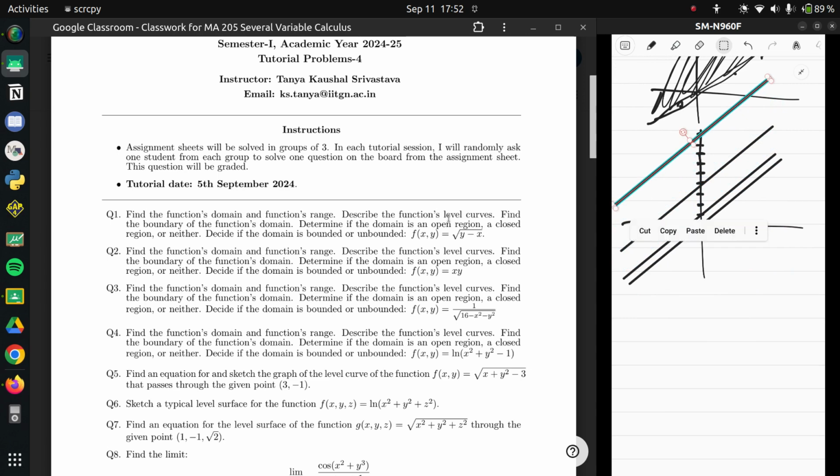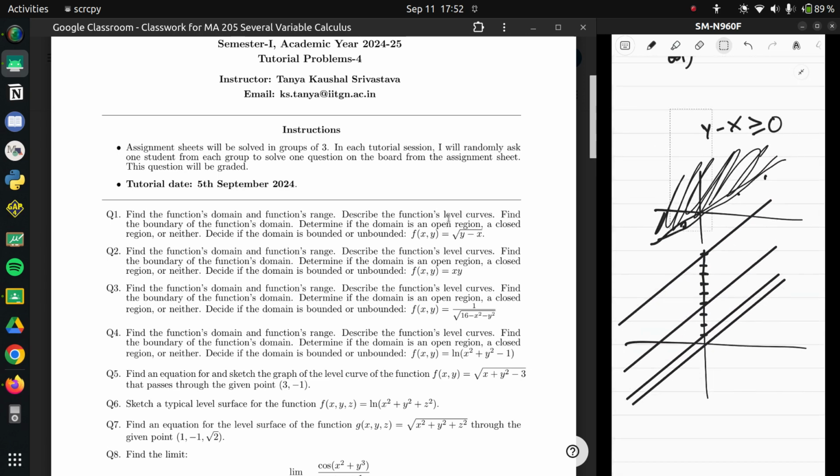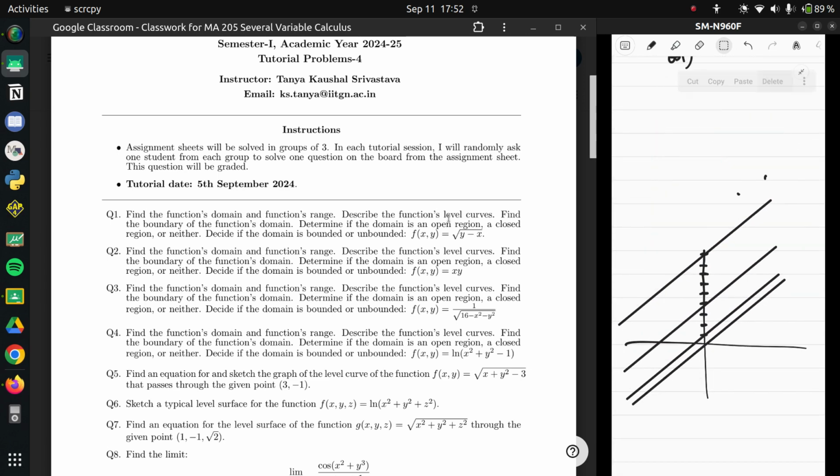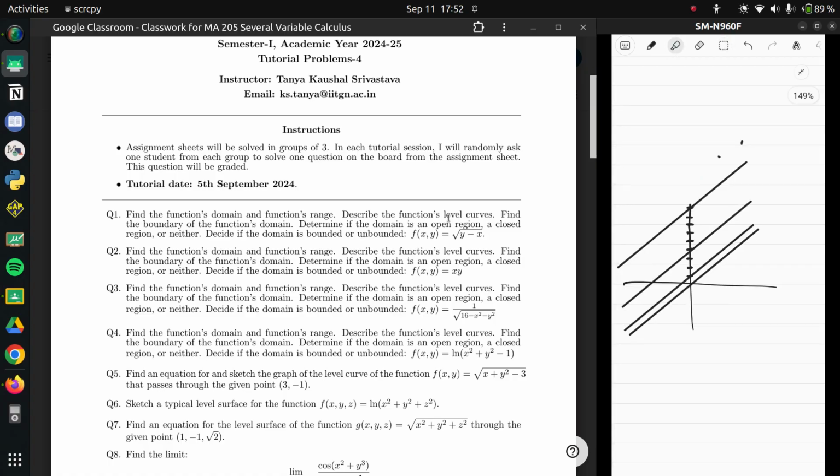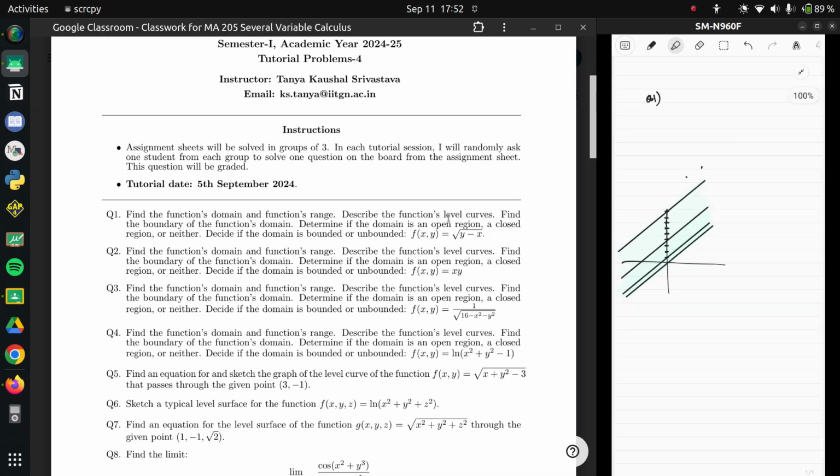This is going to be 9. Cool. So these are the level curves. I'm just going to shade this a bit, just for the sake of it, but I guess you got it pretty much. Something like this. Sure. So that's what A is.